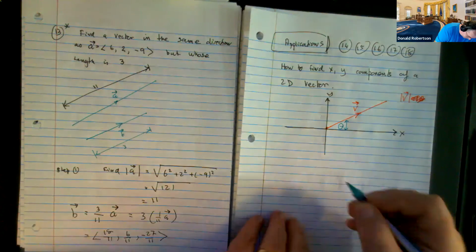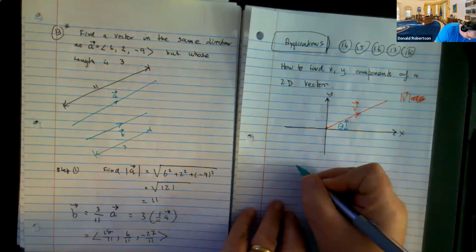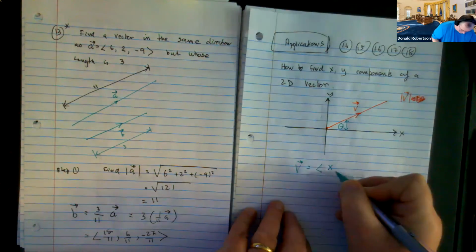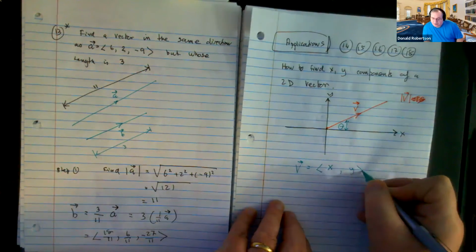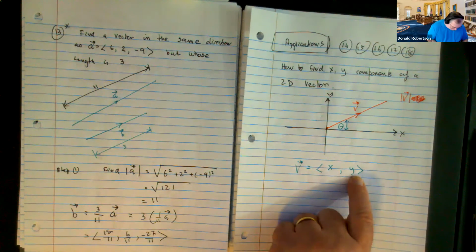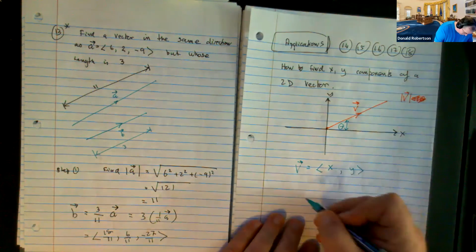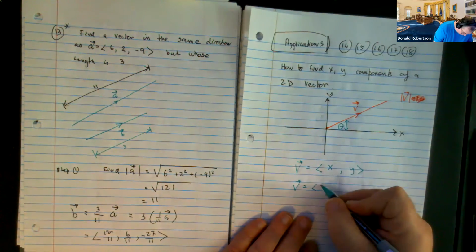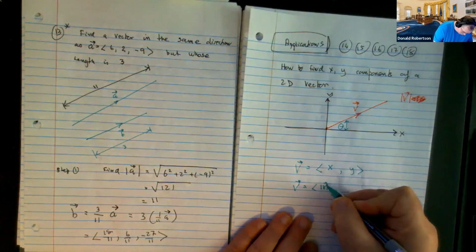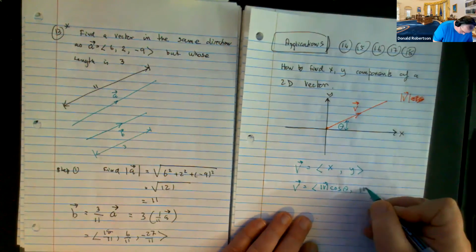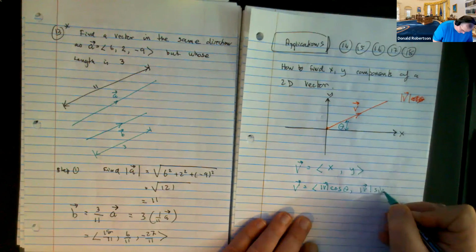Then a typical vector v is made up of an x component and a y component. How far in the x direction do you travel, and how far in the y direction? And the formula for it is the magnitude of v cosine of theta and the magnitude of v sine of theta.